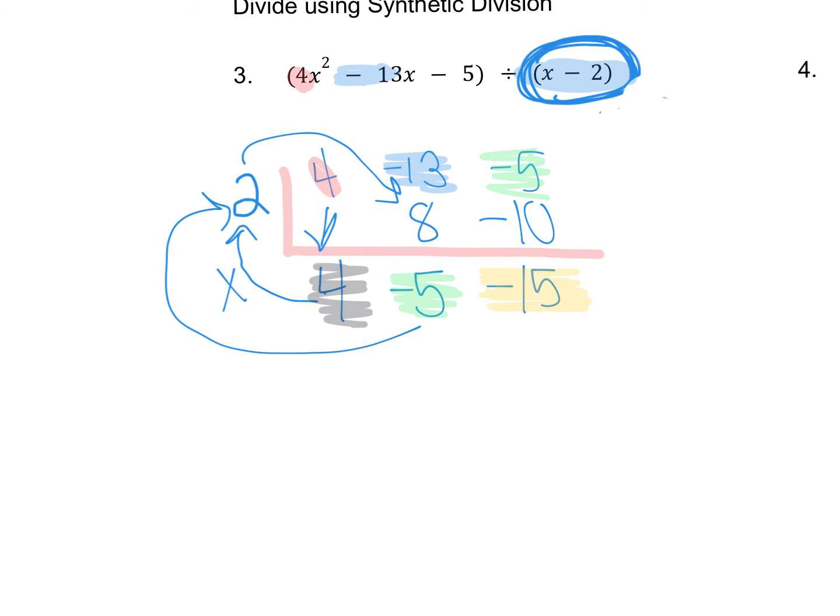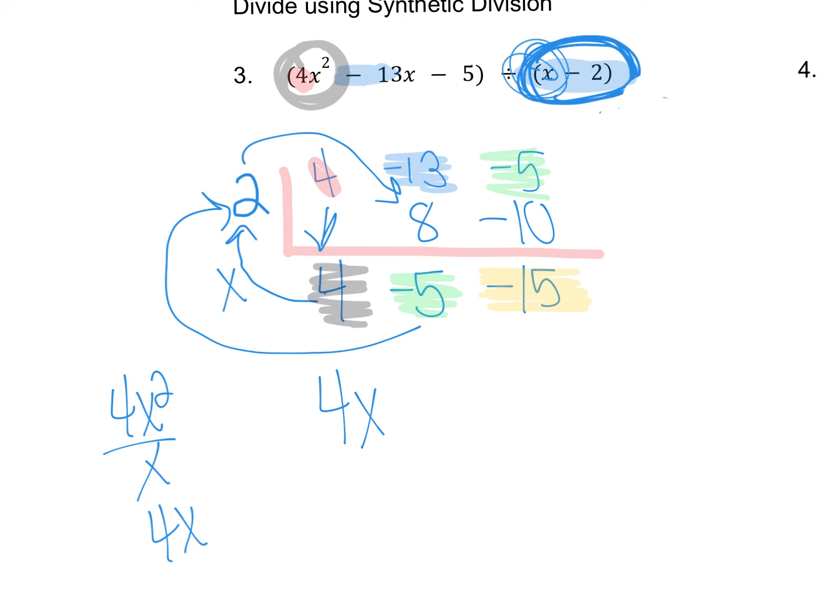If we started out with a 4x squared and we divided out an x, we would be left with 4x, which means our first term is going to be 4x, and then minus 5, and our remainder is negative 15 over x minus 2.